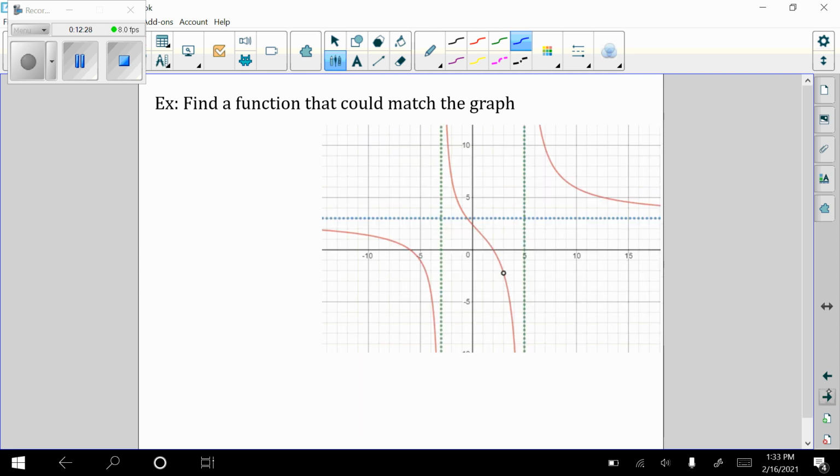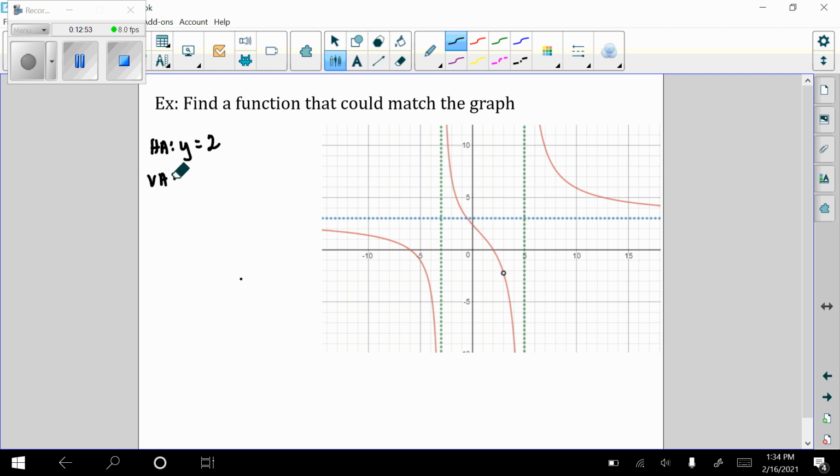Okay, so one more. Here I have a horizontal asymptote at y equals 2. I don't know why that marker is showing up when I write. I have 2 vertical asymptotes.